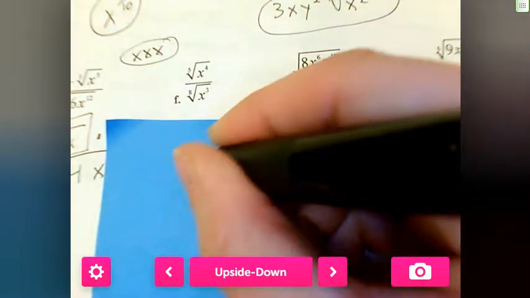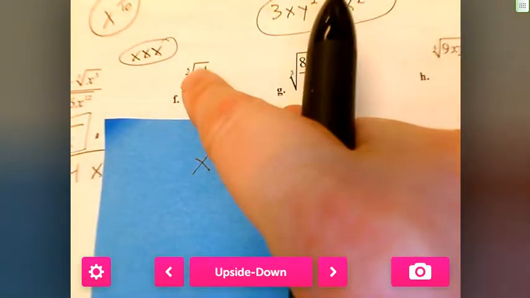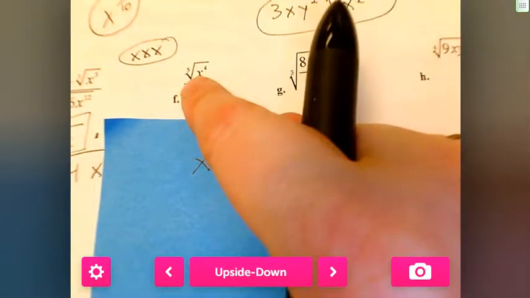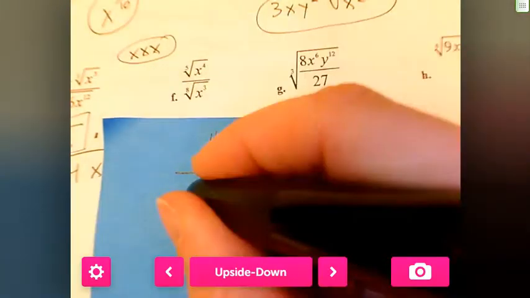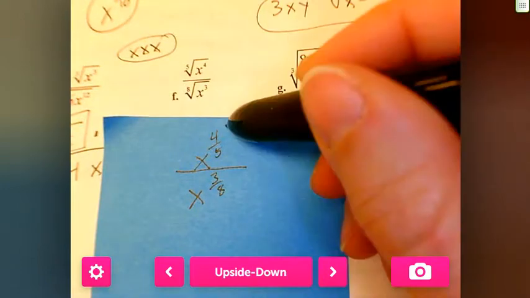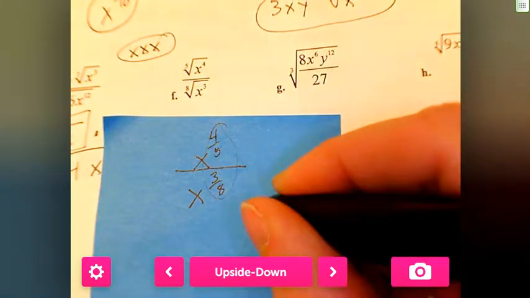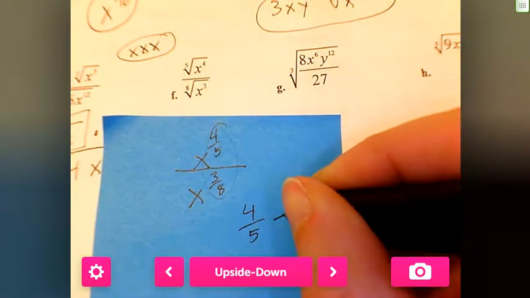So it's x to the 4/5. Remember, whatever is on your root goes on the bottom of a fraction, over x to the 3/8. Now remember, if they're like this, I can subtract. So I want to go 4/5 minus 3/8.